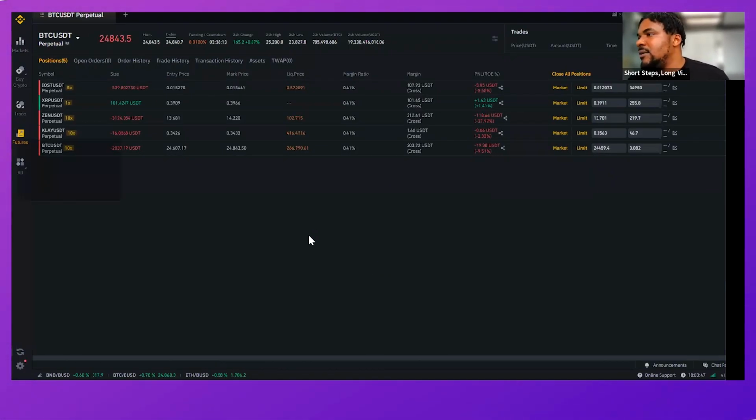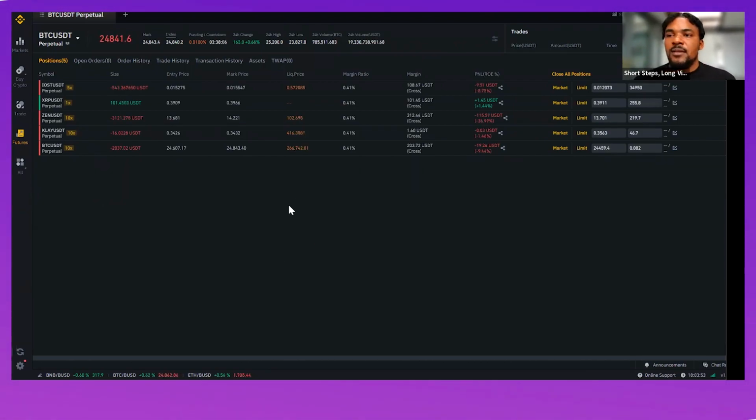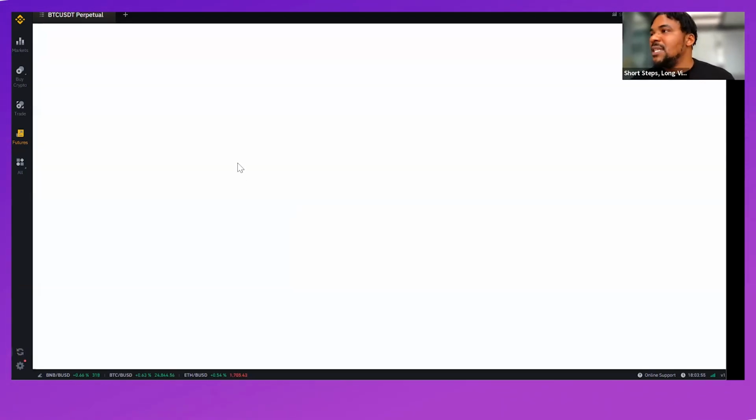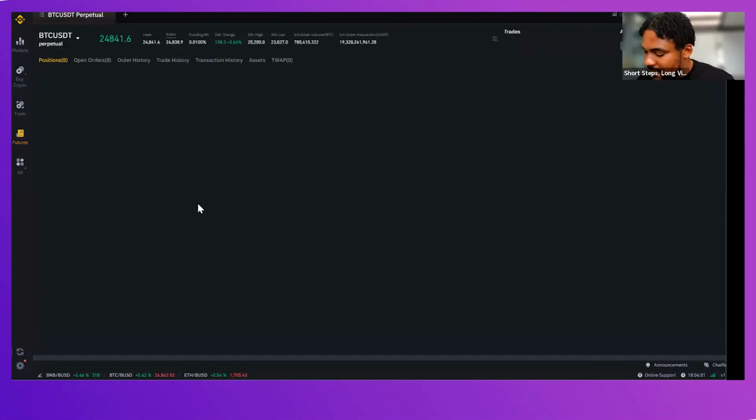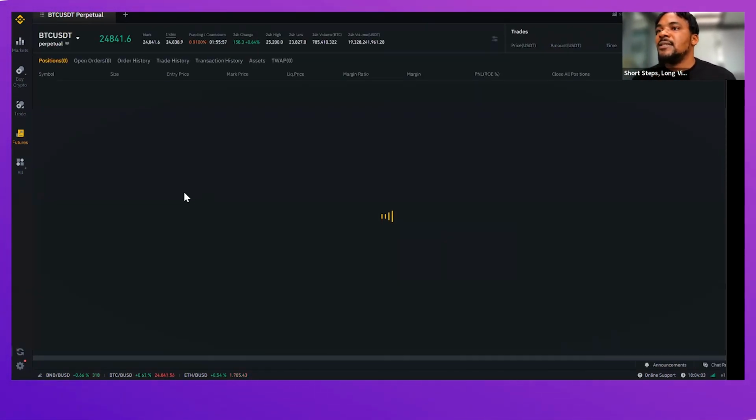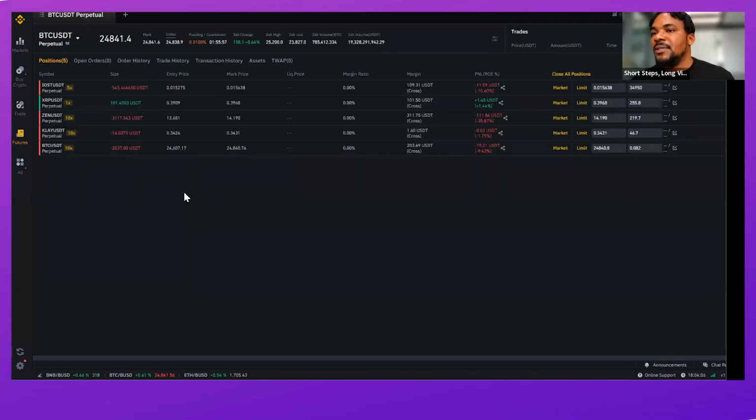Start. I'm going to go to my Binance. We're going to have BNB open shortly. Part of the good part of using the fast license is we're probably going to have BNB opening in seconds. Reloading, loading. We're going to have BNB open.